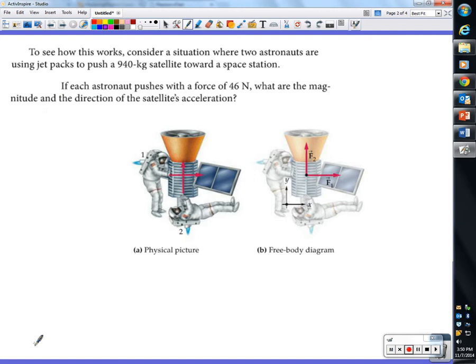So this problem, now we're getting back into solving problems, so we should be consistent with our format, consistent with our procedure. When it says, what are the magnitude and the direction of the satellite's acceleration? It's asking us for a. Now, in this case, we have to think about the influence of both of them.